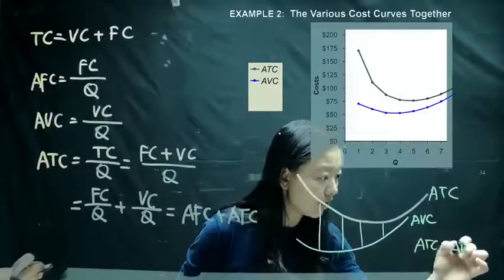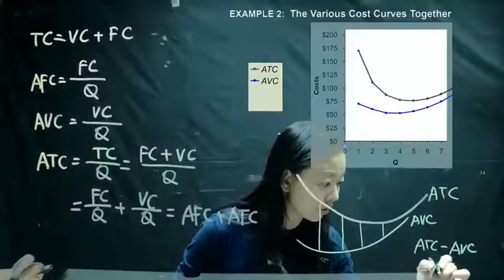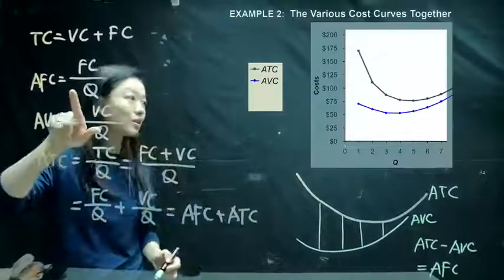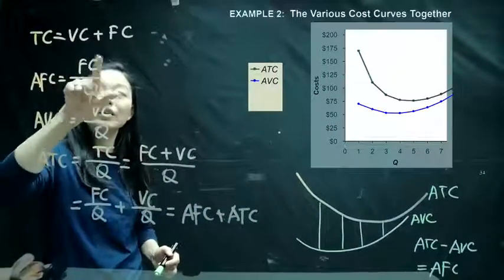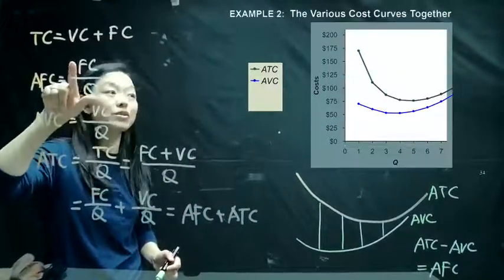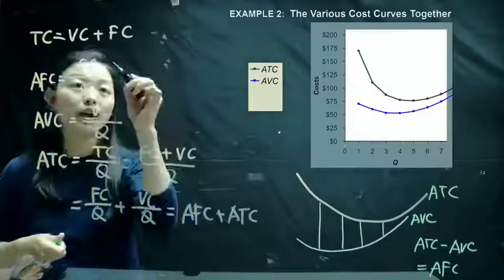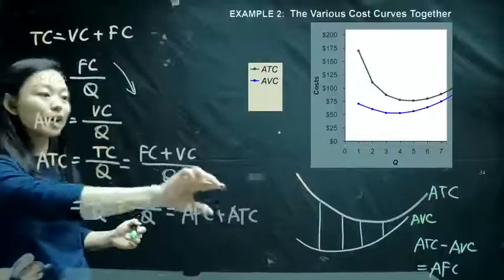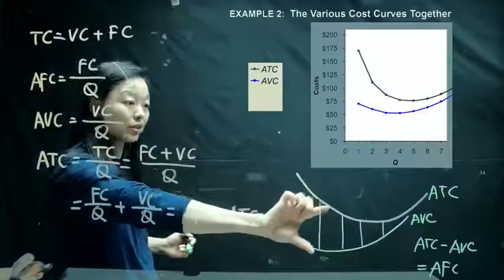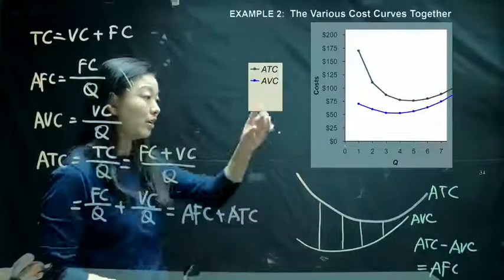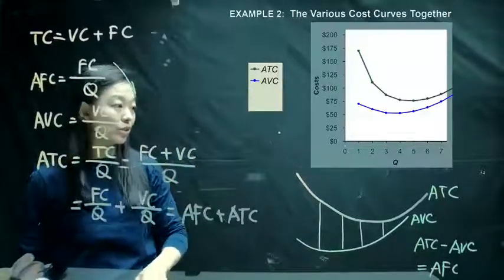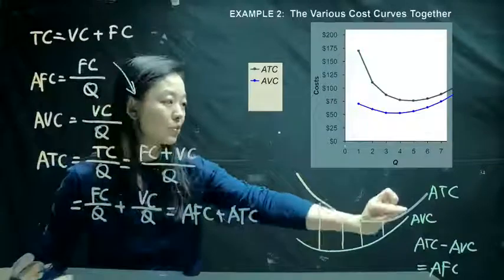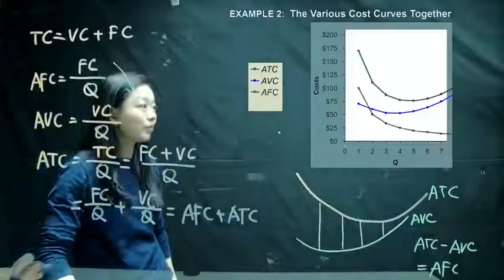ATC minus AVC will actually equal average fixed cost, right? And this fixed cost is always fixed, divided by quantity, so it will decline all the time. This is verified by the vertical distance between these two graphs, which declines as output increases.